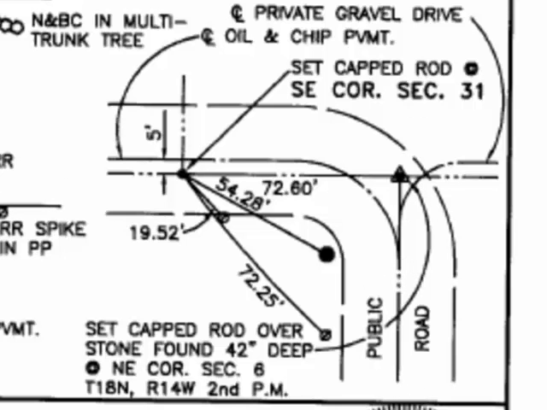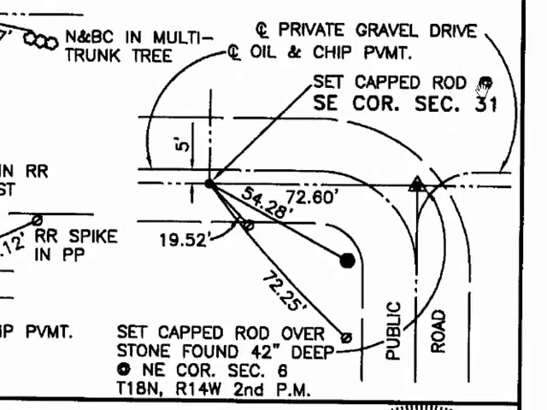In fact, this indicates that he set a capped rod, that is a rod with his aluminum or plastic cap that bears his registration number, at the southeast corner of section 31 at this location. These measurements are what we call accessory ties.